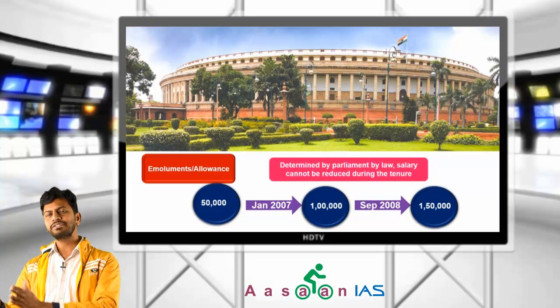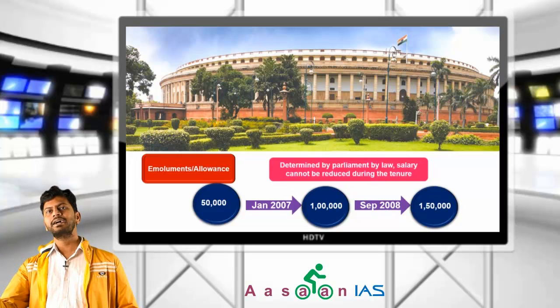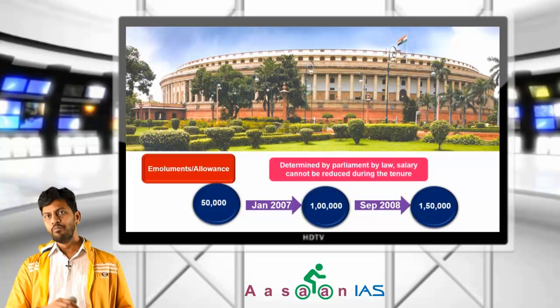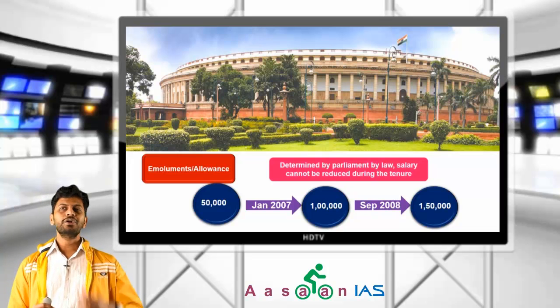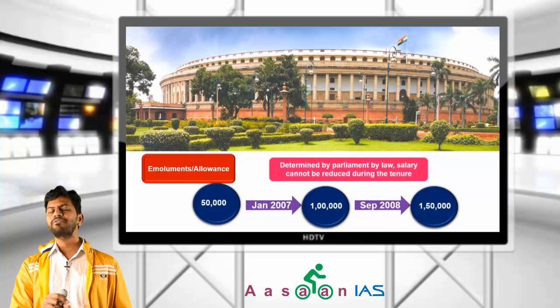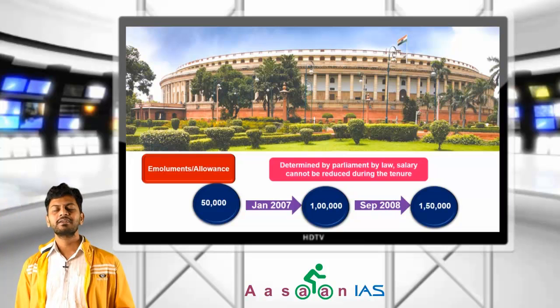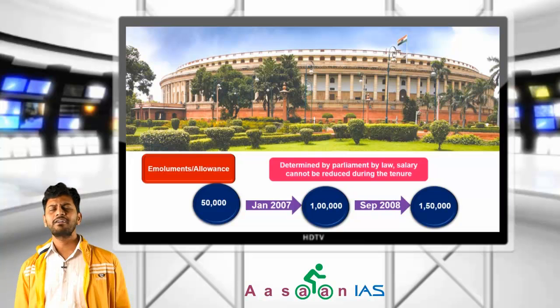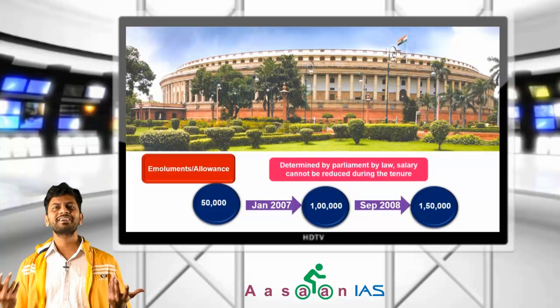So an IAS officer in that post is getting more salary than the president. So there was a discussion to increase the salary of the president from 1.5 lakh to 5 lakhs. But it hasn't been done yet. Once it is done, I will let you know. Otherwise, nothing more to know out of that.